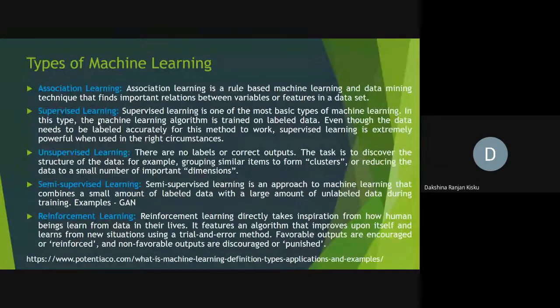One would be reinforced, another would be punished. For fire data, we will not recommend it for the reinforcement learning, we will discourage or punish. We label the non-favorable task as punished or discouraged, and the favorable task as encouraged and reinforced. This way, the reinforcement learning algorithm can learn about the data and about the environment in which it is working.